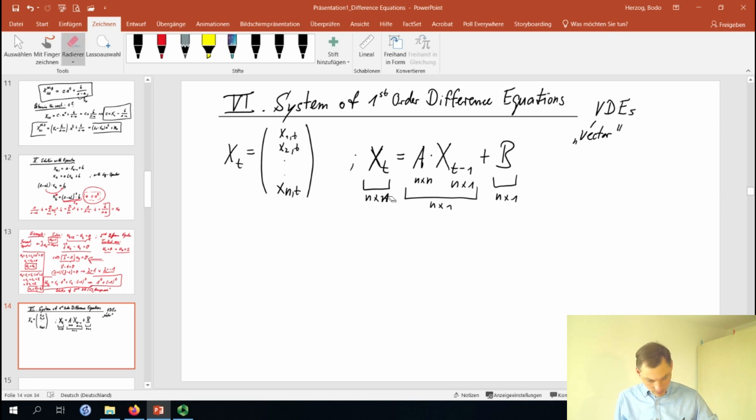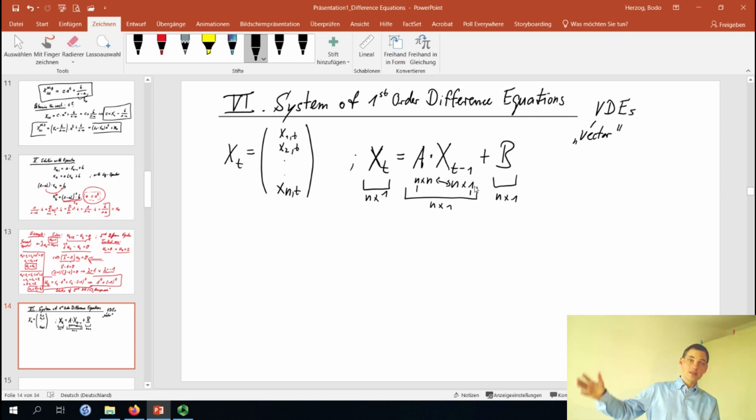So let me write this here precisely. When you multiply this matrix times the vector, this dimension must be the same, and what we obtain is what is in the first position and what is in the last position. This is how you can see that the dimension is matching. So A is a square matrix, n by n, multiplied with my vector.